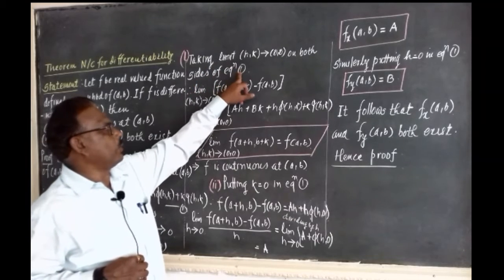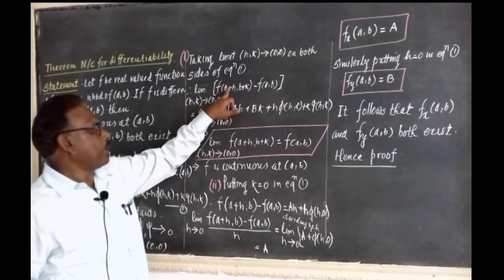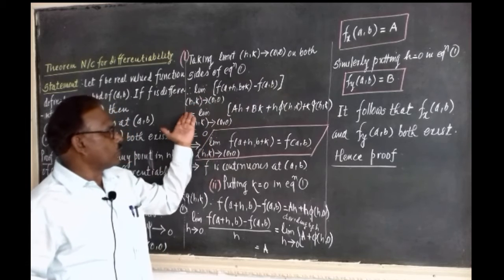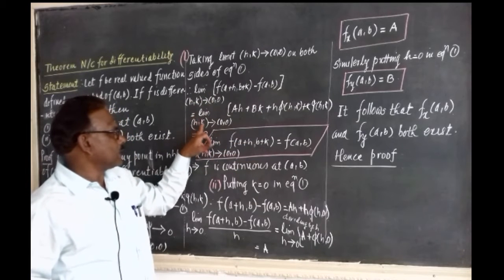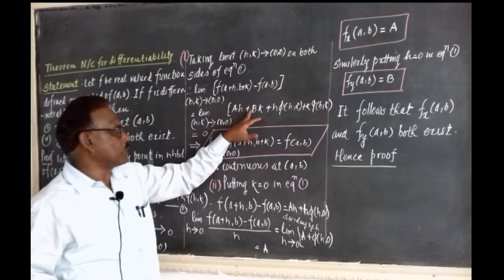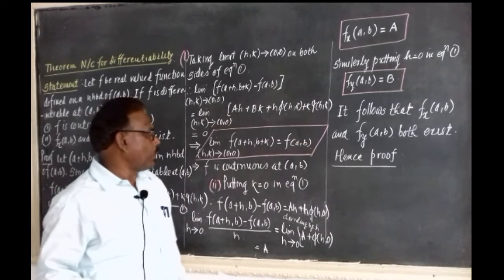So the limit of f(a+h, b+k) minus f(a, b) equals, on the right hand side, the limit as (h, k) tends to (0, 0) of A times h plus B times k plus h times phi(h, k) plus k times psi(h, k).